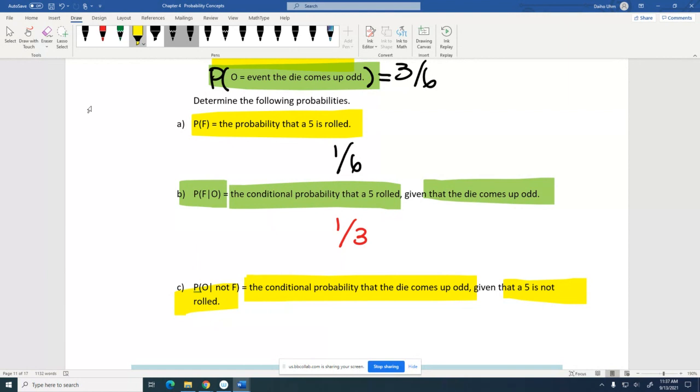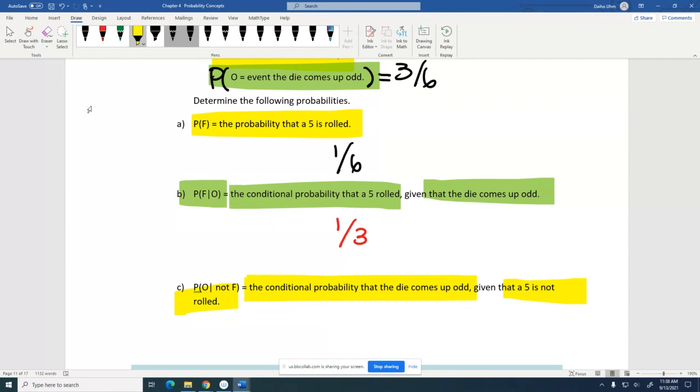We have 5 possible outcomes. Who are they? 1, 2, 3, 4, 6. Not 5. I told you it's not 5, right? So in the denominator, how many possible outcomes? 5: 1, 2, 3, 4, and 6.